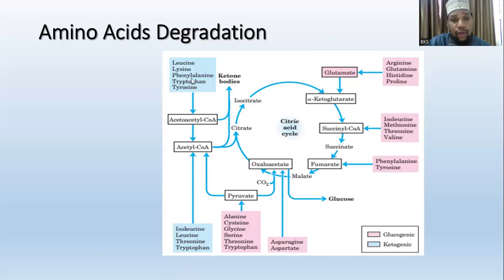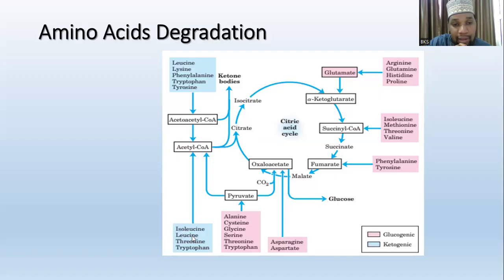Also, you have phenylalanine producing acetyl-CoA and also forming fumarate. In the degradative pathway, we will see how phenylalanine leads to formation of acetyl-CoA and fumarate. Acetyl-CoA is ketogenic, while fumarate is glucogenic, and that classifies this amino acid as both ketogenic and glucogenic. Tyrosine also produces fumarate and acetyl-CoA.